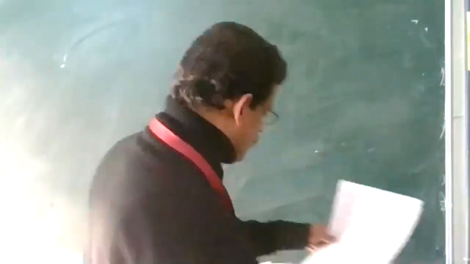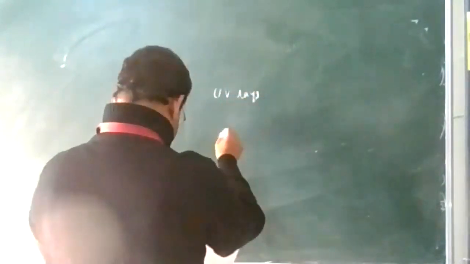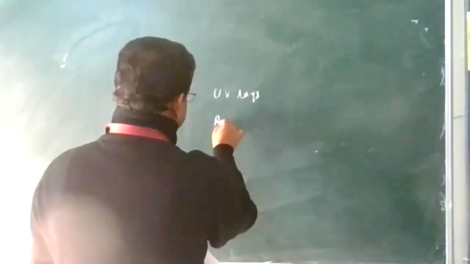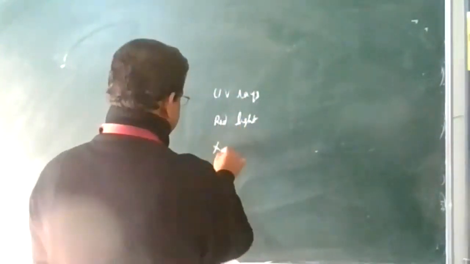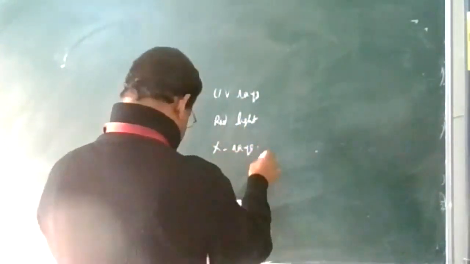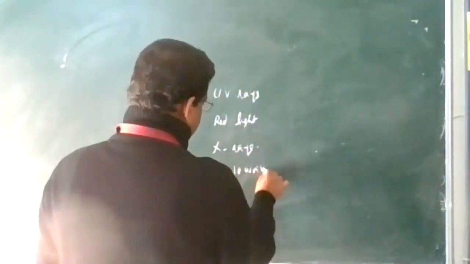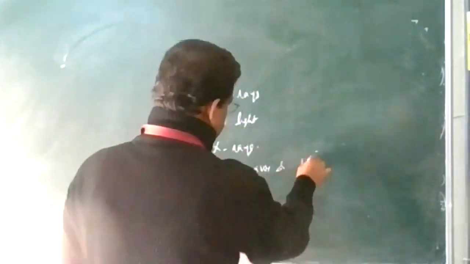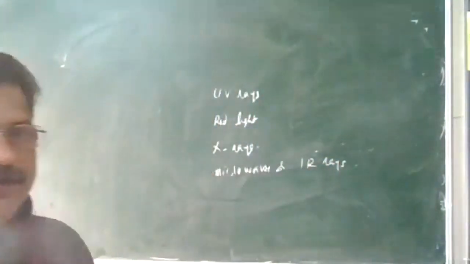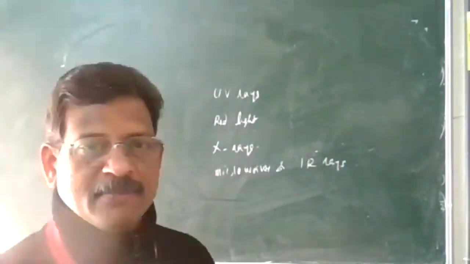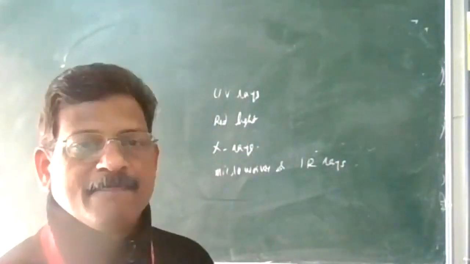From here you will get: the first is UV rays, the next one is red light, the next one is X-rays, next one microwaves, and IR waves. So these are the different EM waves. You have to arrange them in the increasing or ascending order of wavelength.